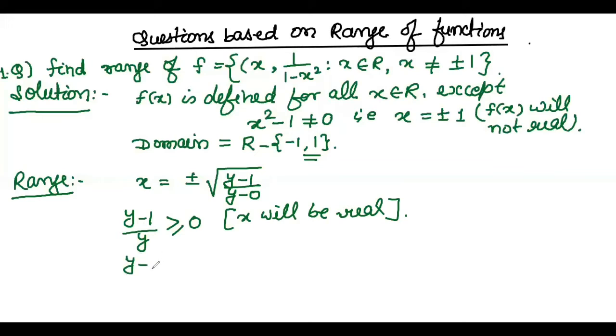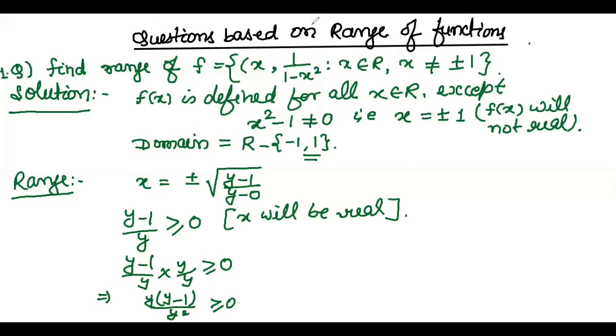So (y - 1)/y into y/y, and here we are getting y(y - 1)/y². And you know that y², the squaring of any value, is always positive. So the whole value depends only on the numerator part now, because the denominator is already positive.